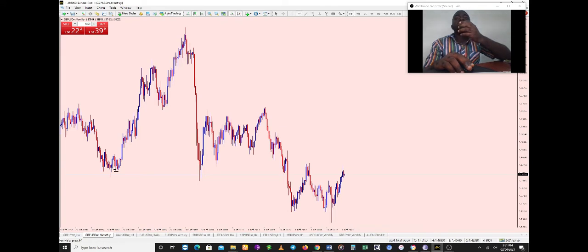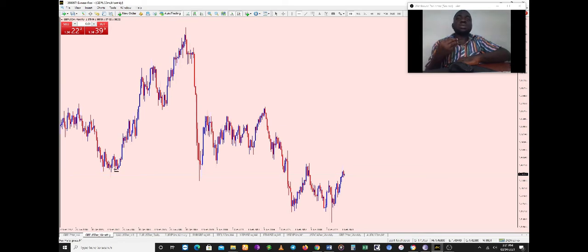Now the second thing I want us to look at is the features of support and resistance. In the video I made mention of the fact that support and resistance is not one price level, not one single price. So what then is it? It is considered as a zone.